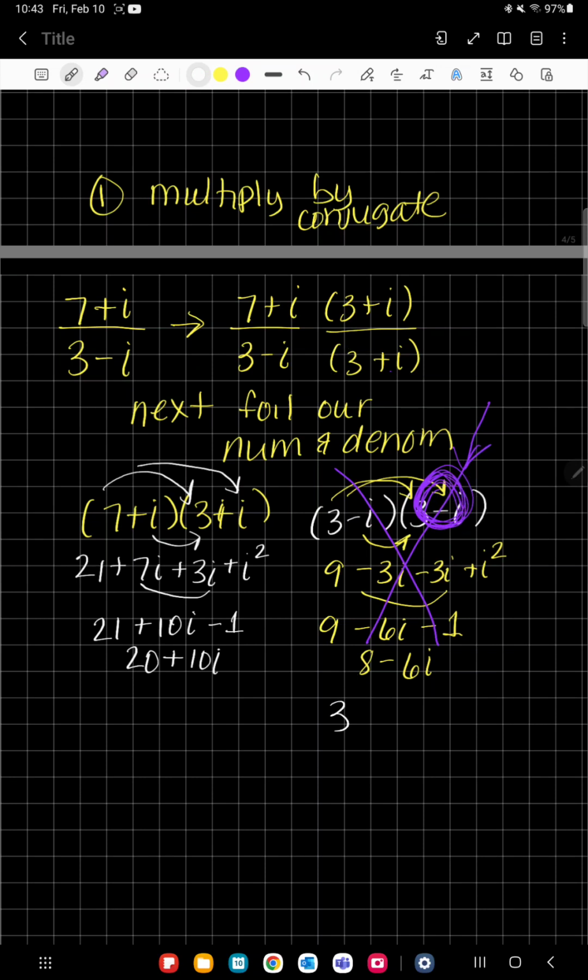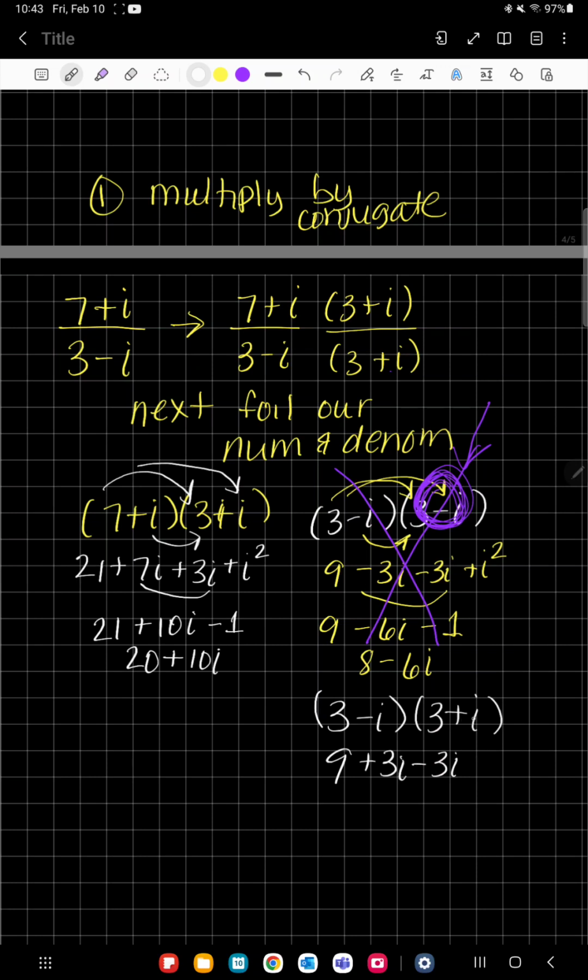So we should have had 3 minus I times 3 plus I. Okay. I was wondering, I was like, you're not supposed to have much of a denominator. So we're still going to FOIL. 3 times 3 is 9. And then 3 times that I is positive 3I. And then negative makes it a negative 3I. See?